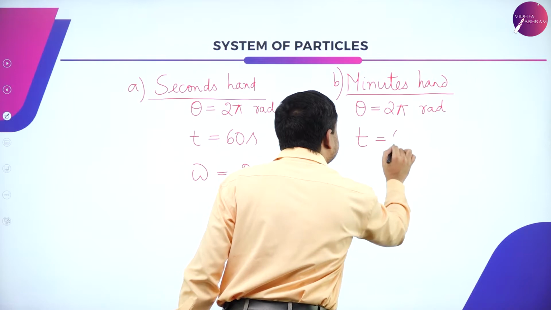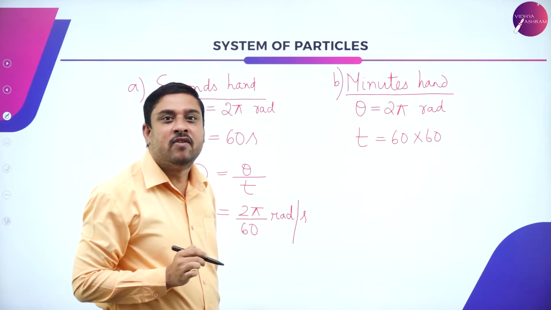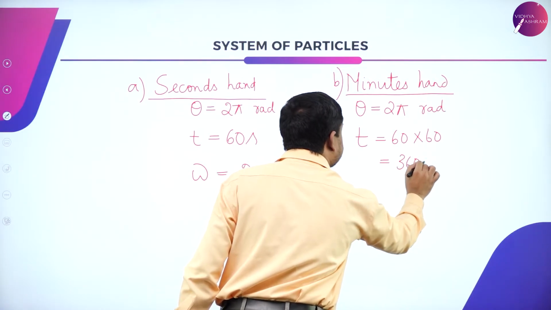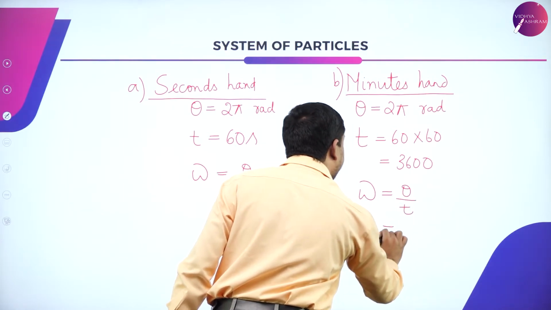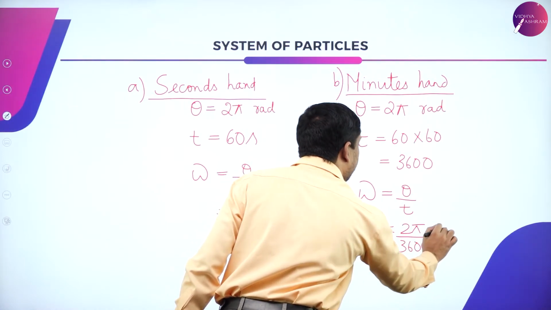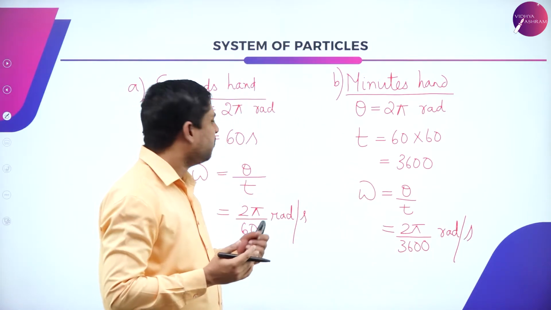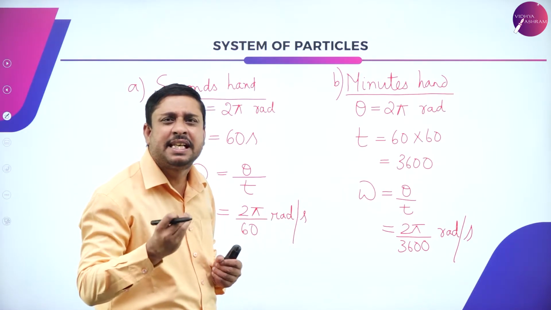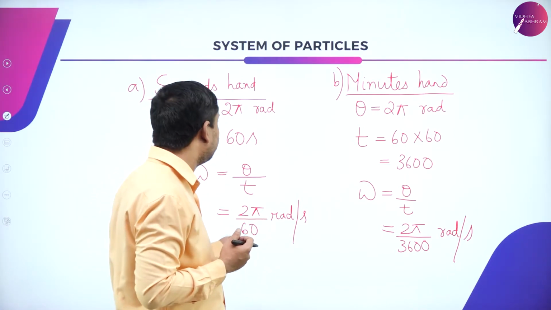It is 60 into 60, because it is minutes, converting into SI seconds. So 3600. Again, omega is theta by T, 2 pi by 3600 radian per second. Very simple. Did I use any rocket engineering here? 5th, 6th standard physics. Simple expressions, easy to solve.